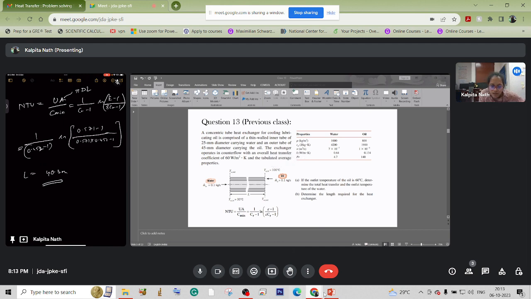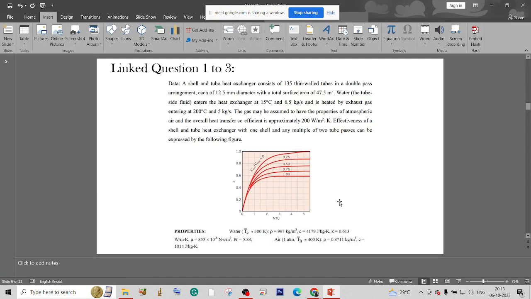So now we'll proceed to today's questions. These were the previous day's questions. For the first question, a shell and tube heat exchanger is given, and there are 135 thin wall tubes in a double pass arrangement, and each of the tubes has 12.5 mm diameter with a total surface area of 47.5 meter square. Water is flowing on the tube side, entering the heat exchanger at 15 degrees Celsius.